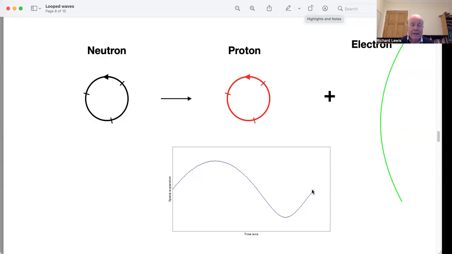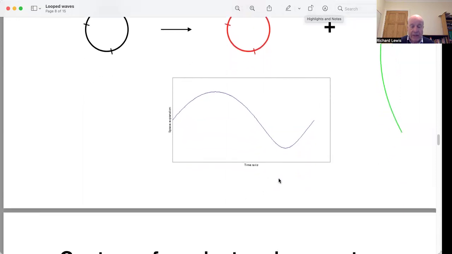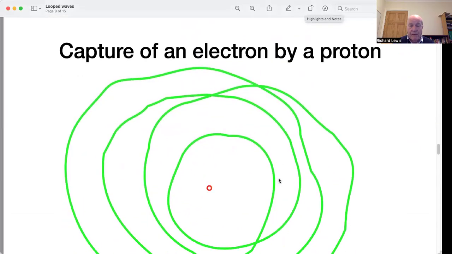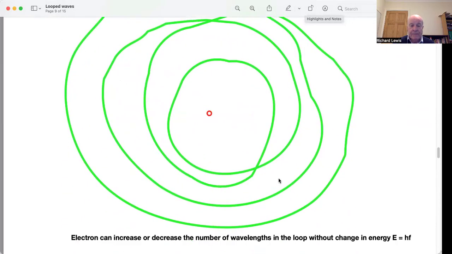So we get an asymmetry here in the wave, and that has the result of creating a net compression or a net expansion of space, which occurs in the electron and the proton, and that is the cause of electric charge.